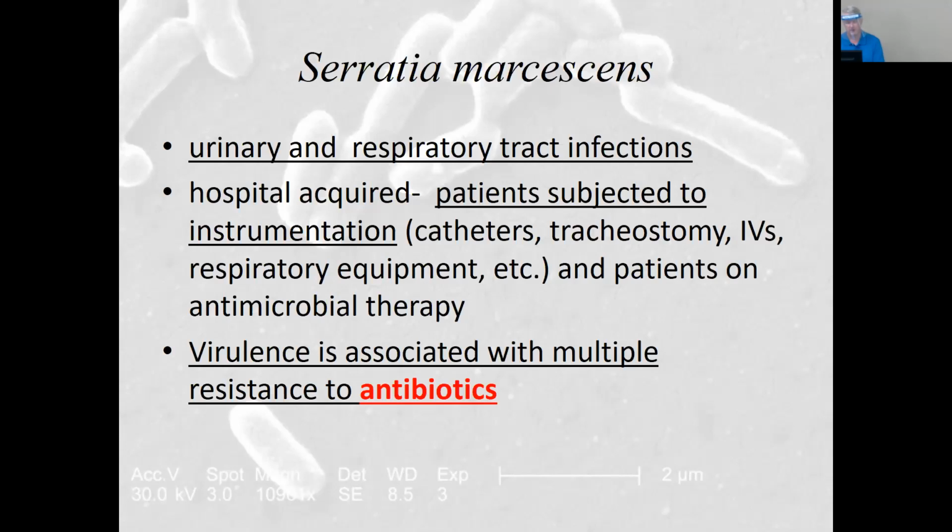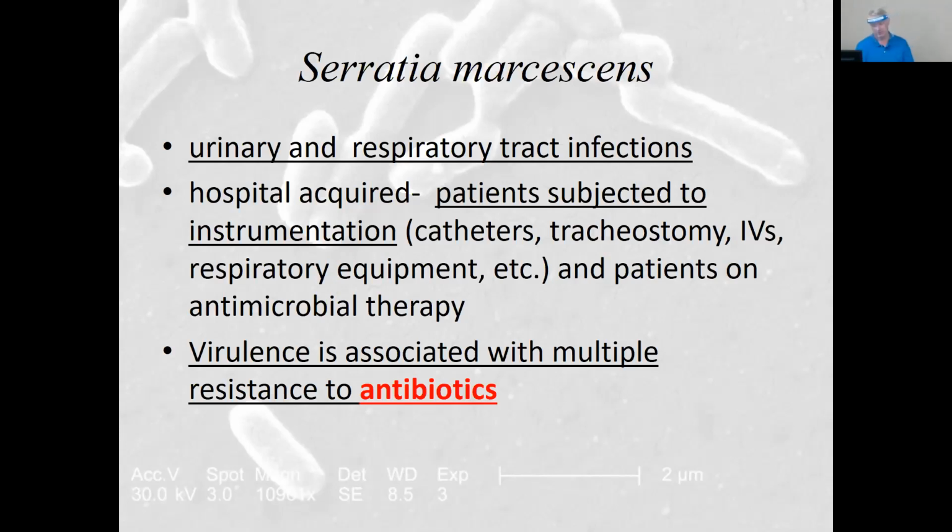Yay, right? Don't see anything unusual up there. Maybe the trach, if you're not in the ICU, on somebody with a trach. IVs, really? An IV can introduce a microorganism? Y'all have all been phlebotomy, right? So keep that in mind. Virulence is associated with multiple resistance to antibiotics. So the more resistant an organism is, the more virulence it has.